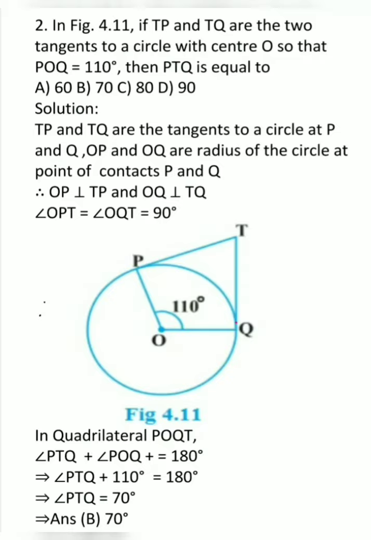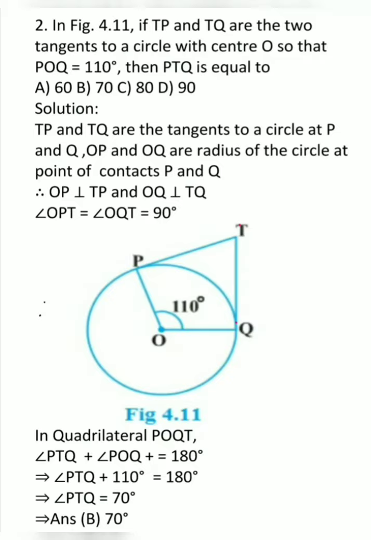We know that in the quadrilateral POQT, the sum of opposite angles is supplementary. That only I have written here. Angle PTQ plus POQ is equal to 180 degree.